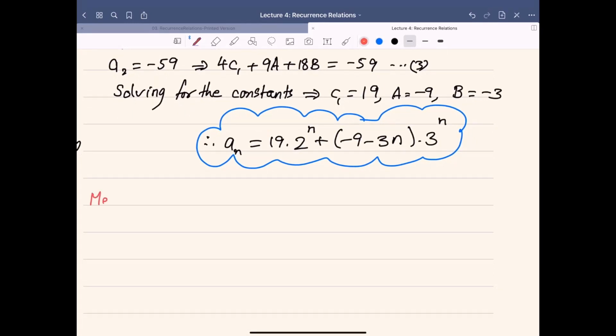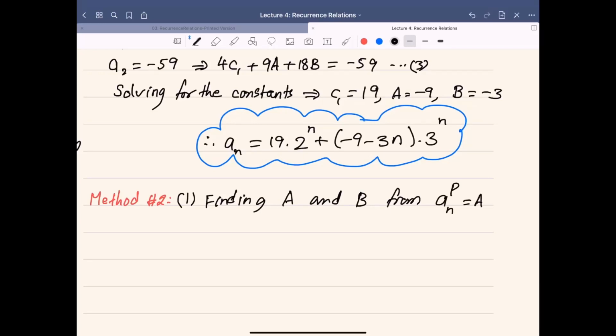Now method 2. Step number 1, finding first a and b from a_n^p.